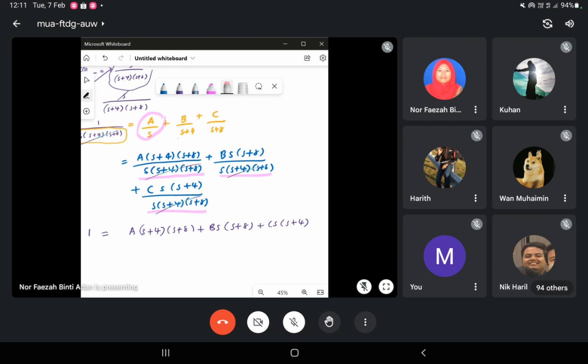Okay. So bila you dah ada this equation, tadi ada soalan, sekejap saya tengok mana soalan ni. Okay, semua soalan Laplace mesti tukar jadi CS ke sebelum start buat calculation? Biasanya soalan will ask you to find the response, output response.